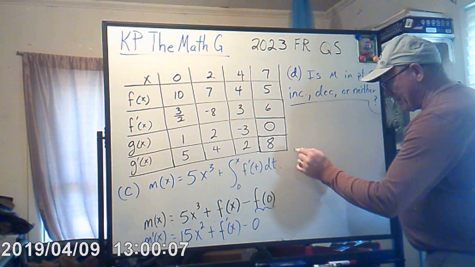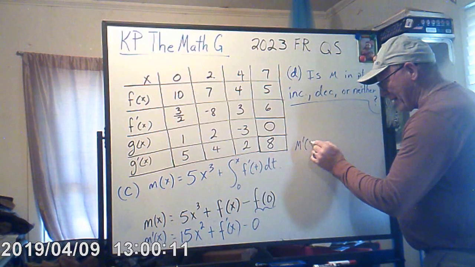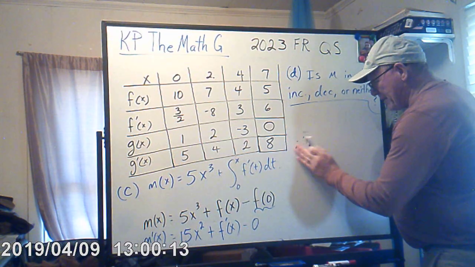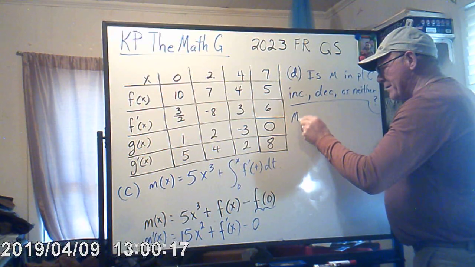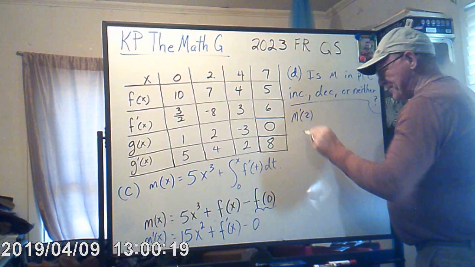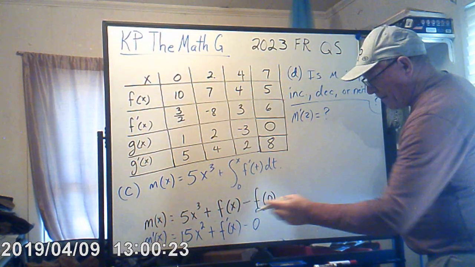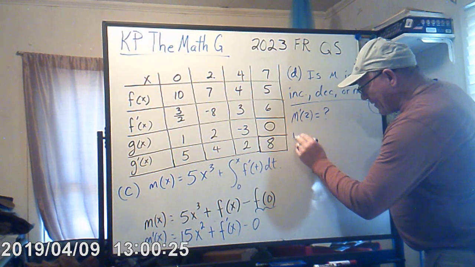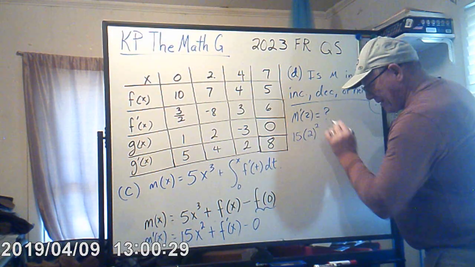M prime, let's put it up here maybe, M prime at 2. Whoa, let's put it up here, I need some room. M prime at 2. What is that? Well, M prime at 2, I know what it is. It's 15 times 2 squared, right?